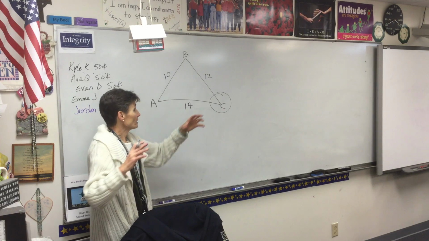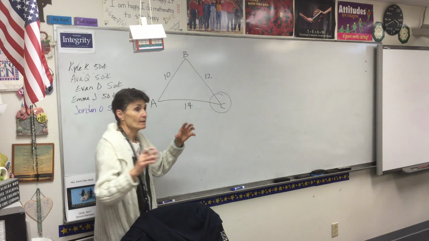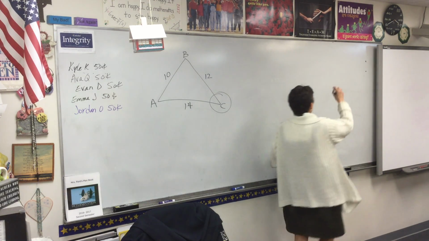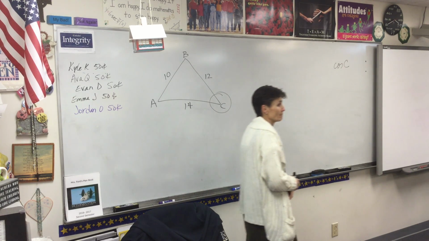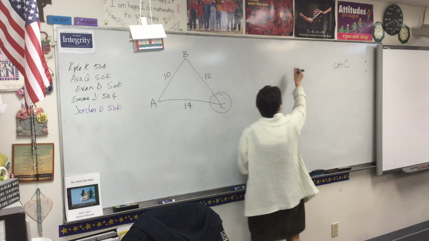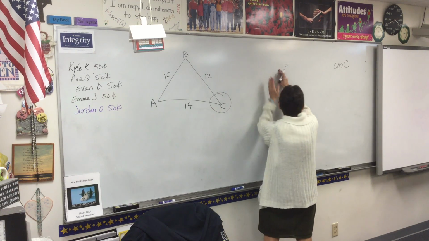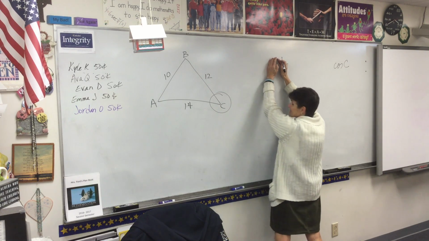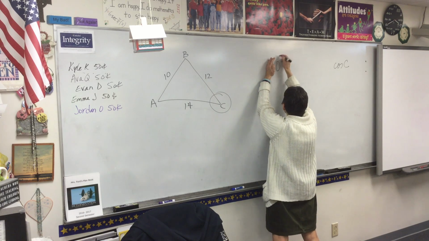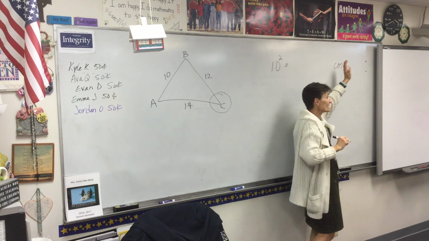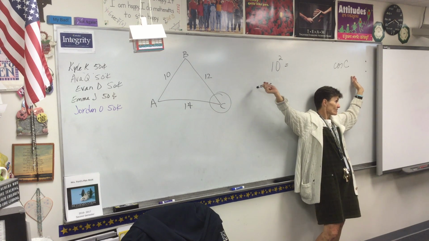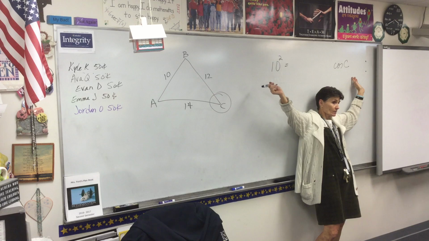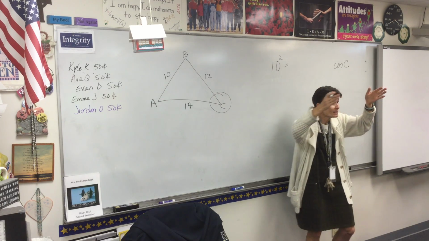Now remember what that law looks like. I erased it. But there's only one angle in it, and I'm telling you it's C this time. So what is going to be on the other side over here all by itself? 10 squared. Whatever the angle is on this end, the side is squared on the other end. Then what's all the stuff in the middle?